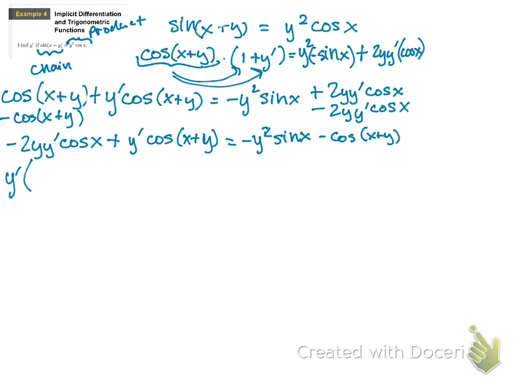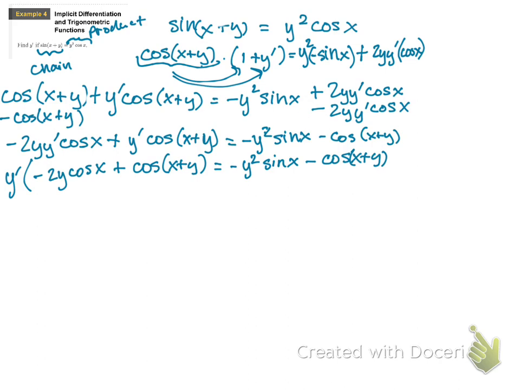Okay, so now I have y prime times negative 2y cosine x plus cosine of x plus y, equal to negative y squared sine x minus cosine x plus y. Everybody still okay? After we factor out the y prime, divide by the junk, everything that's over there. Kind of the same process every time. It's just nasty.